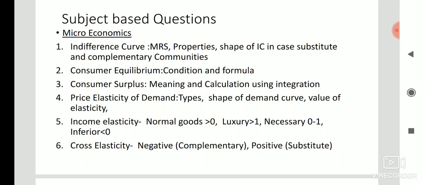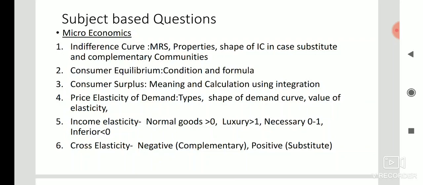Sometimes the question comes as the shape of the demand curve if demand is unitary elastic. If it is perfectly elastic, the shape of the demand curve is a horizontal straight line. If it is perfectly inelastic, the shape is a vertical straight line. If it is unitary elastic, then the shape is a rectangular hyperbola.